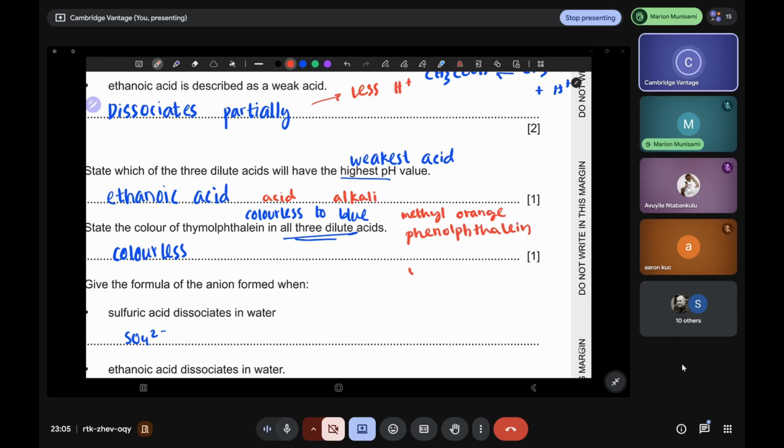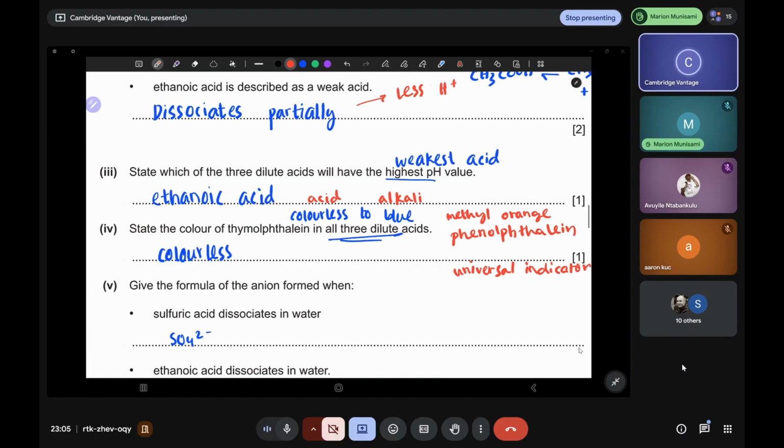And you also have universal indicator, in case you're wondering, but the universal indicator is basically the colors of the rainbow. So you have to know the color changes of these. Since they asked us to say the color of thymolphthalein, it's just colorless. This is something that you have to memorize from your notes.